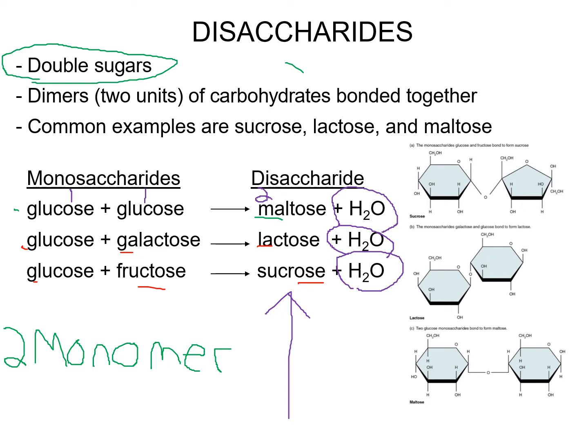Now, in order to build anything, whether it's sugar, fats, proteins, or all the above, we do have to sacrifice something. We do have to lose something in the process. And what that is, is water. So in order for these compounds to be stable, they need to be what we call covalently linked. And all that means is this oxygen is kind of holding these two sugars together.